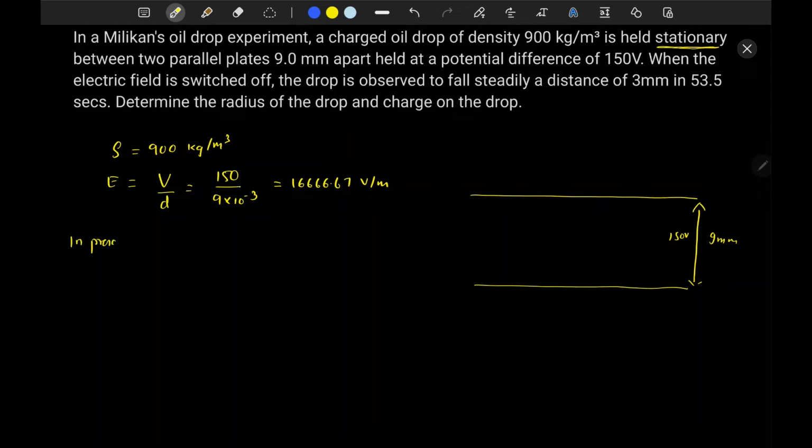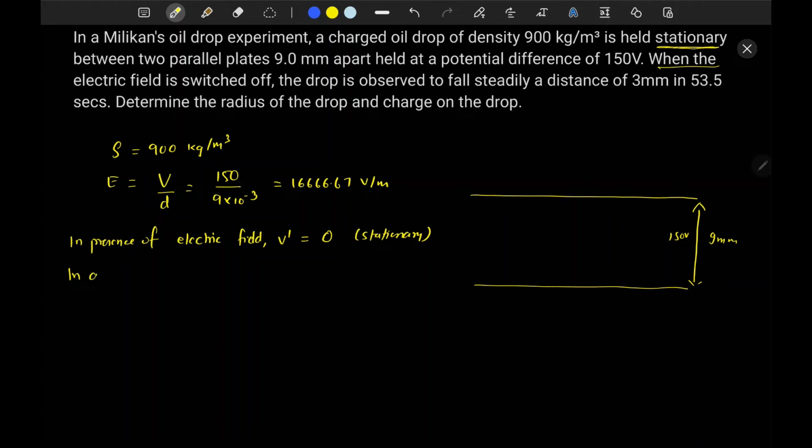When the electric field is applied, the oil drop is stationary, and we know that in presence of electric field, terminal velocity is denoted by V dash. In the question it is written that the charged oil drop is at rest, so V dash is equal to 0. When the electric field is switched off, the drop is observed to fall steadily a distance of 3 mm in 53.5 seconds.